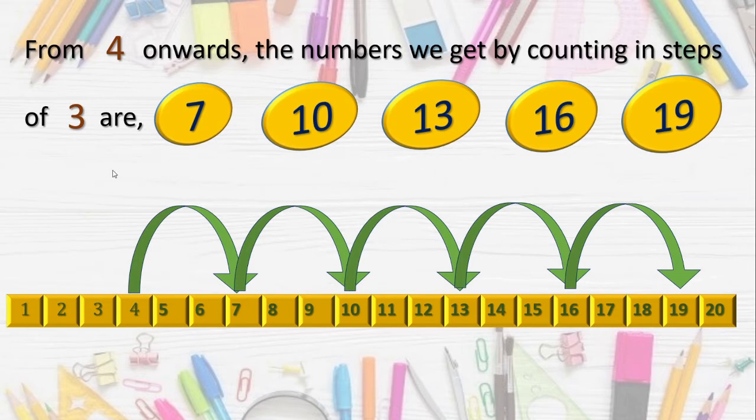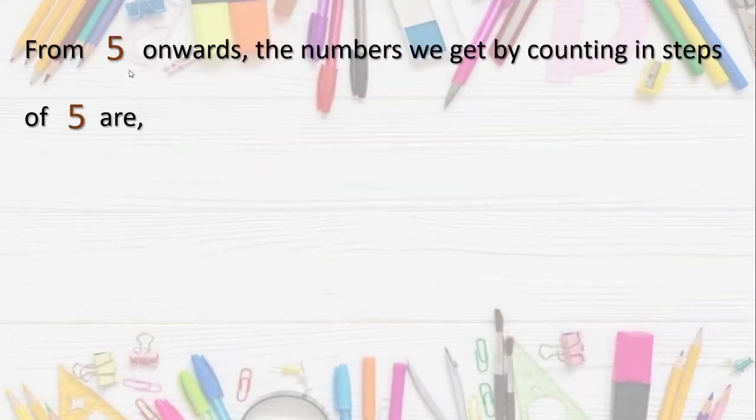Yes? Means we began from 4 and we followed steps of 3. So we got 7, 10, 13, 16 and 19. Isn't it? Okay, one more example we will go through. From 5 onwards means we have to begin from 5.